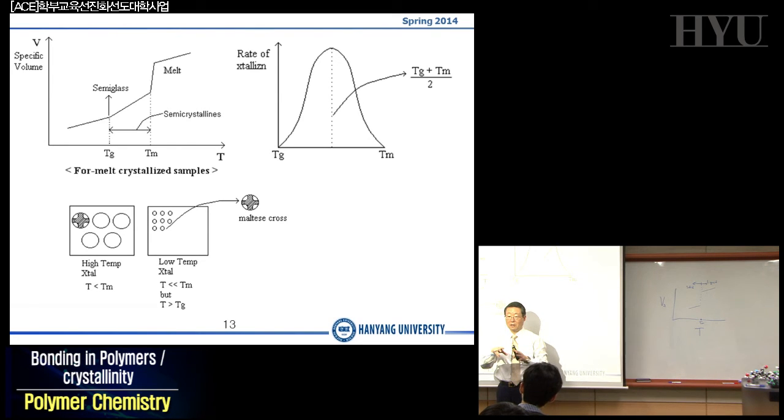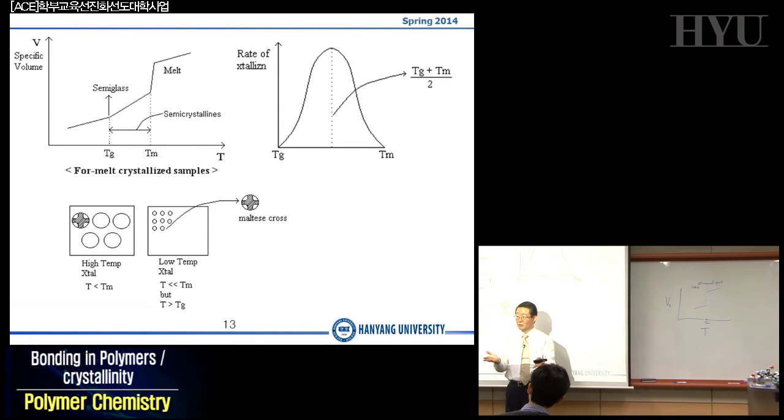But if it's very slow, then there is a time. Rapid and slow mean time scales, right? If it's very slow, then there is a chance to grow your crystals. There is time to coalesce and aggregate your crystals together.